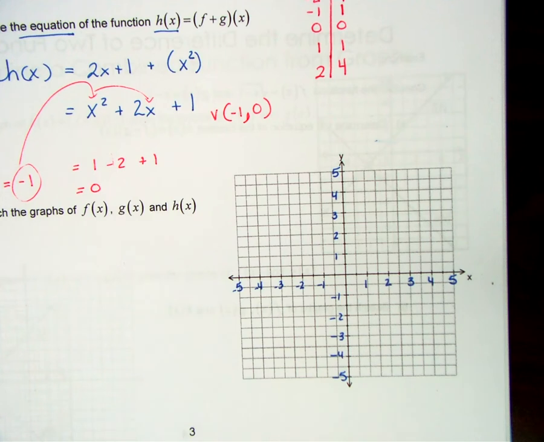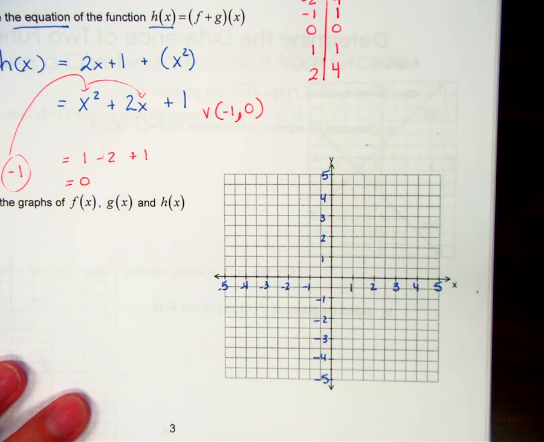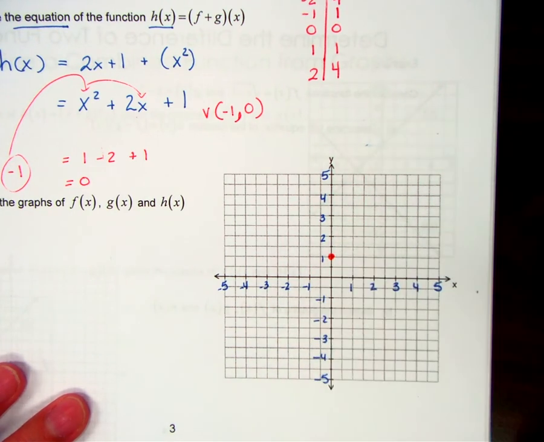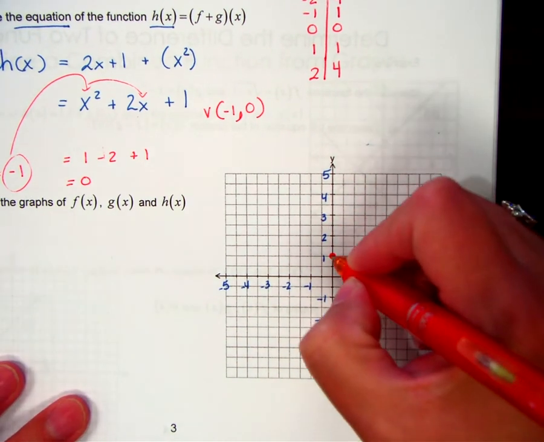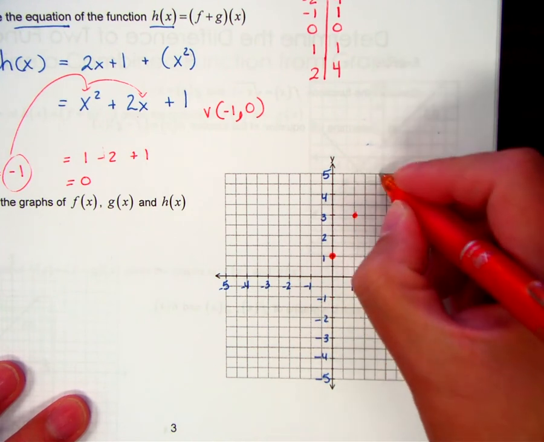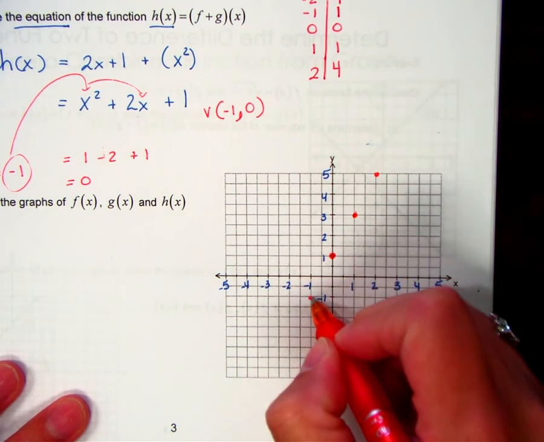Let's graph the linear one first, just because it's nice. Just doing this with my grade 10s. So where's my y-intercept on this one? +1. And my slope is 2 over 1. So I'm going to go up to the right one, up to the right one, and I could go down to the left one.